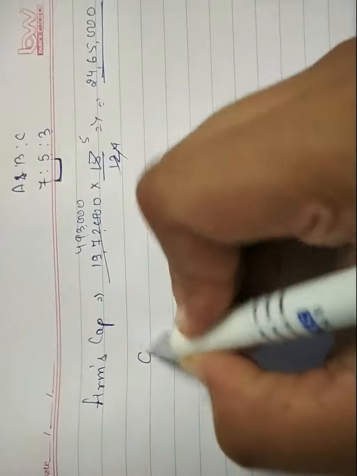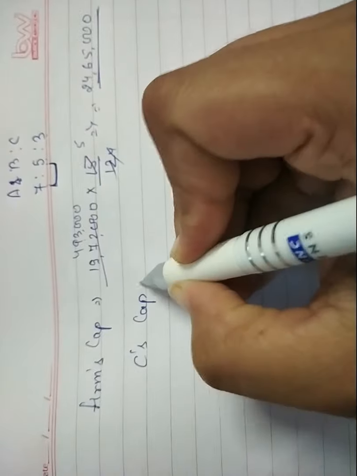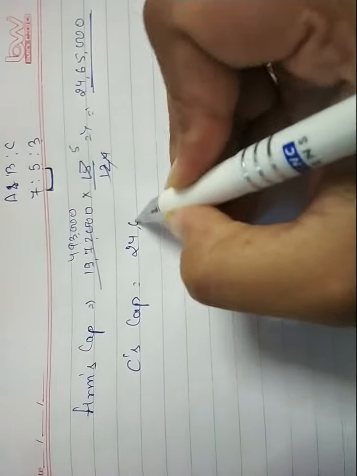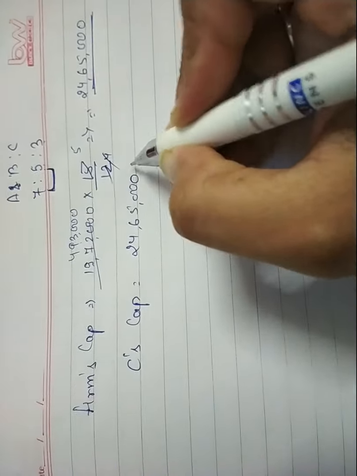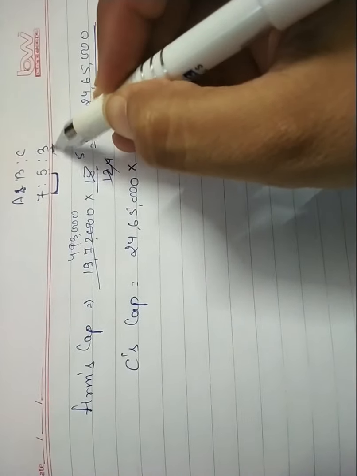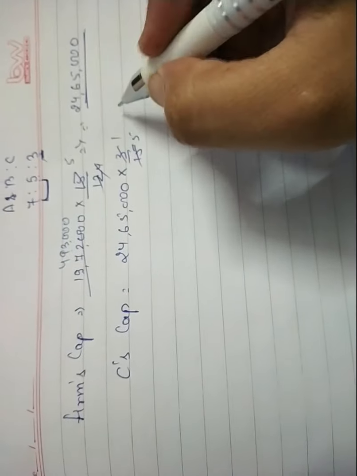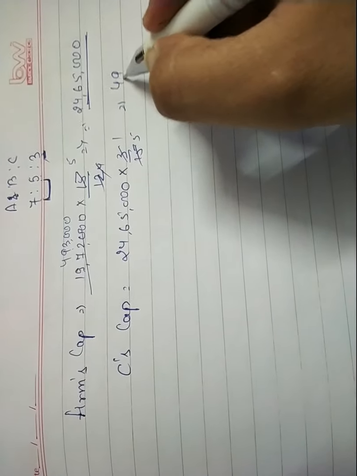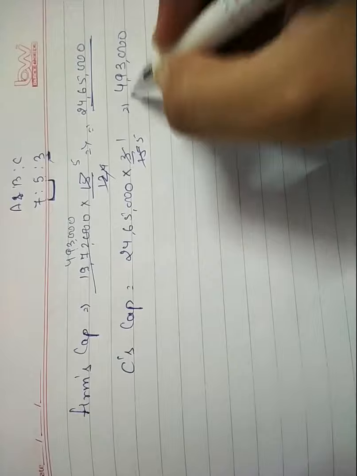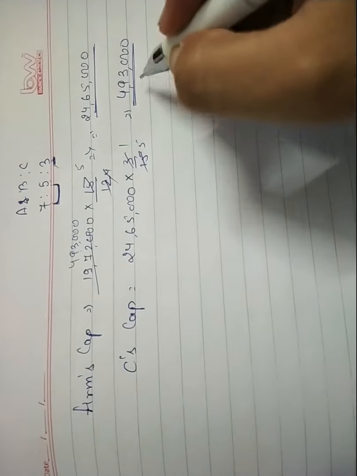Now we will calculate C's capital. That will become 24,65,000 into 3/15. That is 1/5, and it will become 4,93,000. So this is our C's capital.